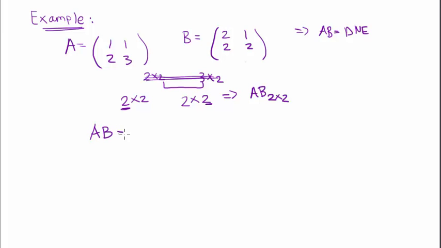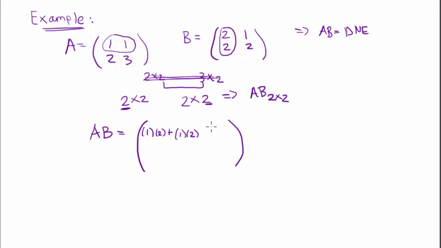So A times B is equal to... There are a couple different ways you can multiply matrices. I'm just going to show you one method because I don't want to confuse you. And if I show you multiple methods, then I'll probably get confused myself. So what you do is that for the first element, you take the first row of the A matrix, and then you do the dot product of it with the first column of the second matrix, B. So basically, 1 times 2, plus 1 times 2, right?